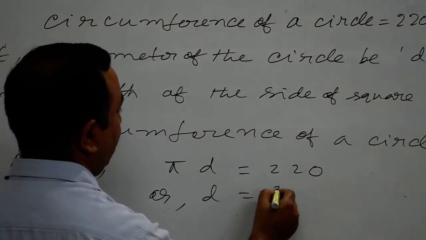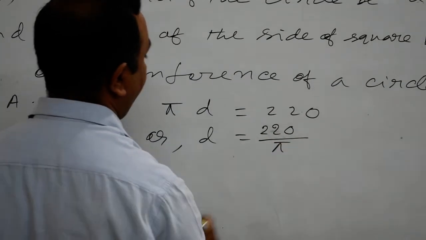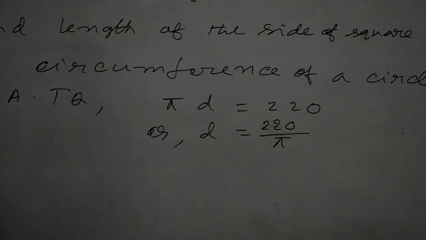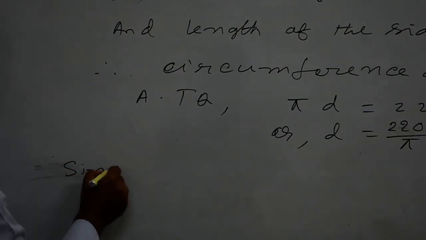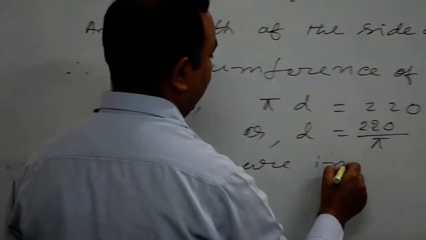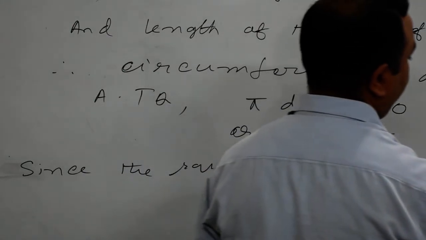So d equal to 220 by pi. You can calculate or you can leave it. Again, it says the square is inscribed in a circle.